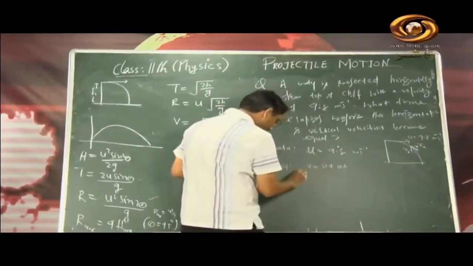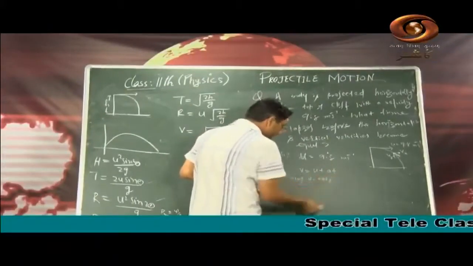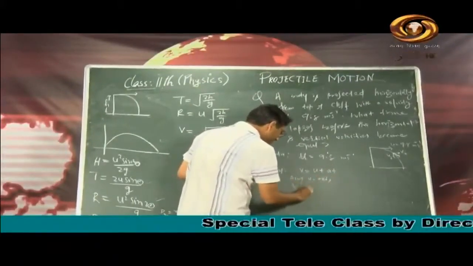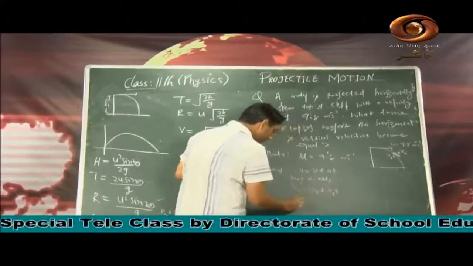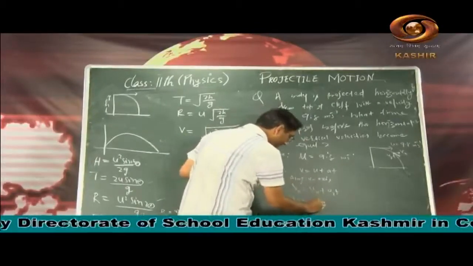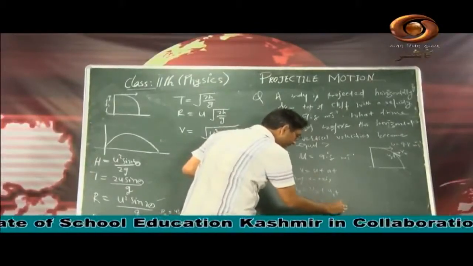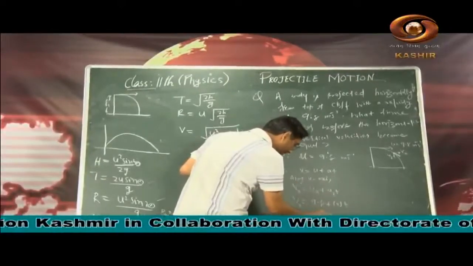Along the x-axis, this equation becomes Vx equal to Ux plus Axt. So Vx is equal to Ux, given as 9.8, plus A which is 0 because there is no acceleration along the x-axis. So Vx comes out to be 9.8.